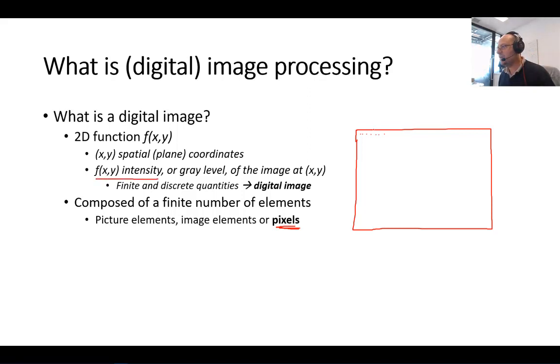So x and y is the coordinate of the pixel. This is the pixel, this is the y coordinate, this is the x coordinate, and an image is just a function of x and y representing the intensity of this pixel.